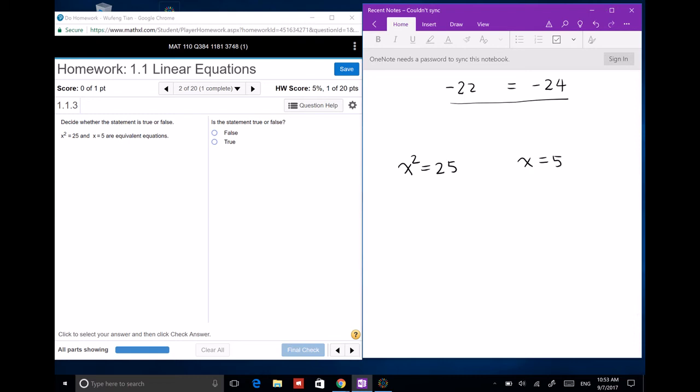Are they equivalent? Well, for the value x equals 5, if you plug it back into x squared equals 25, that's true. However, if you solve this equation, you would get x equals 5, or you would have another solution, x equals negative 5. They're not exactly equivalent, so it's also false.